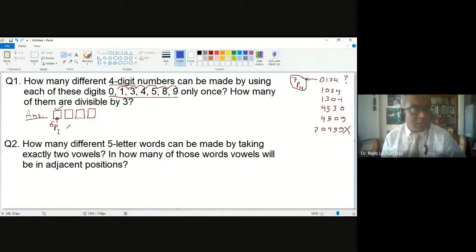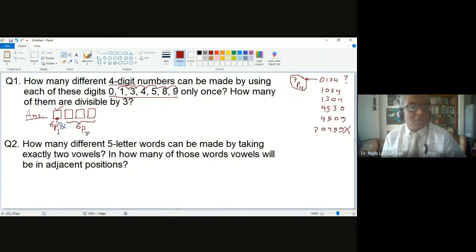So this is 6P1, and then you go for the second part. What is the second part? The second part is 3 positions and there will be 6 digits. Why 6 digits now?